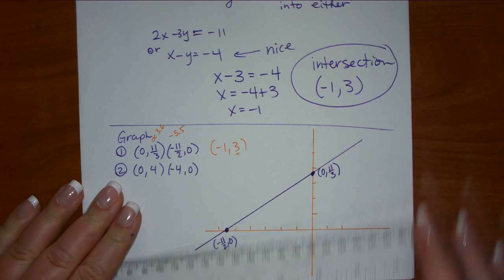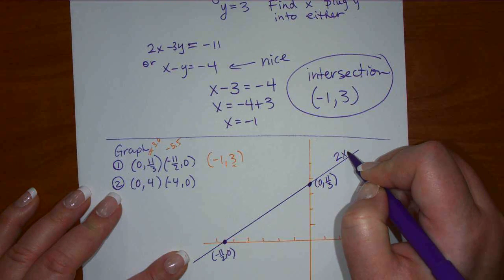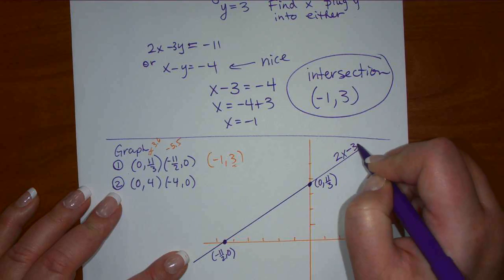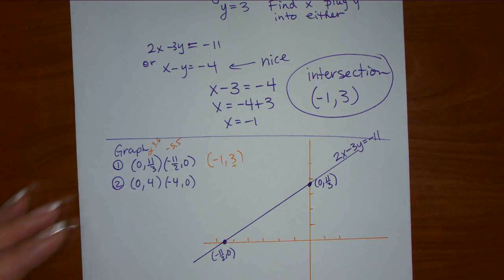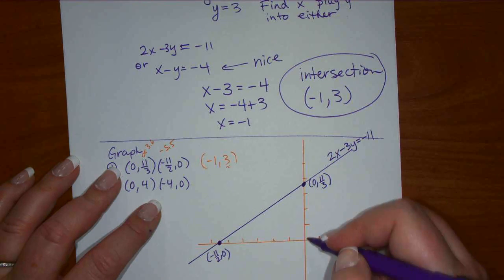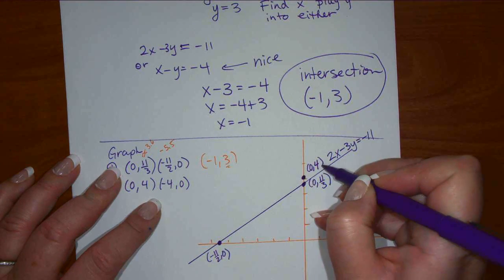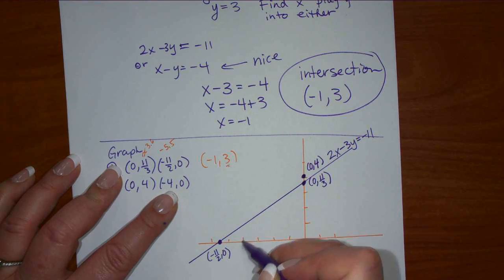And that line is 2x minus 3y equals -11. I'll just label it. Okay, the second line, 0, 4. And 1, 2, 3, 4.